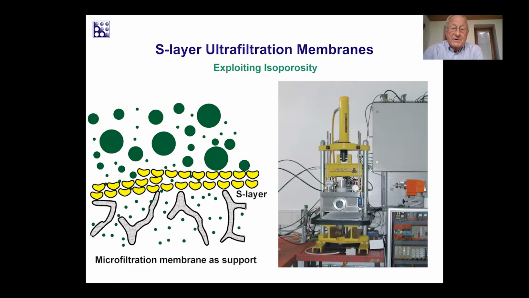Now, S-layer ultrafiltration membranes, this was the first application. We studied the permeability properties on intact cells, but what we found immediately is that S layers work in the ultrafiltration range, which has a cutoff, as I will show in the following.